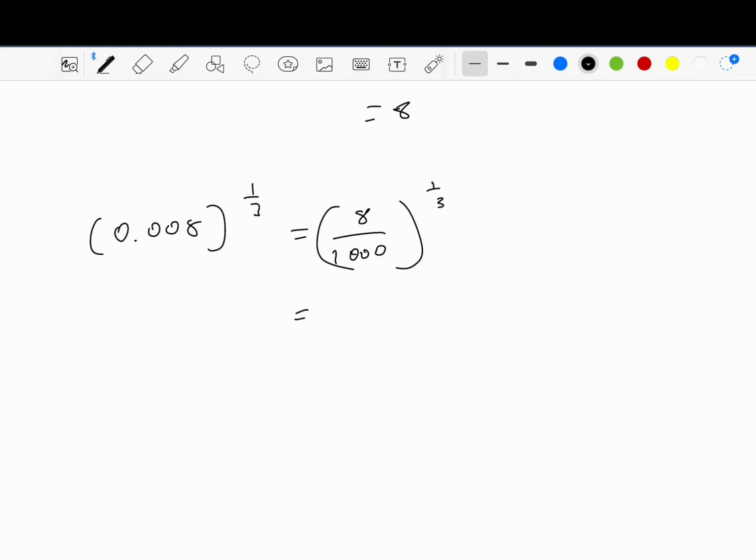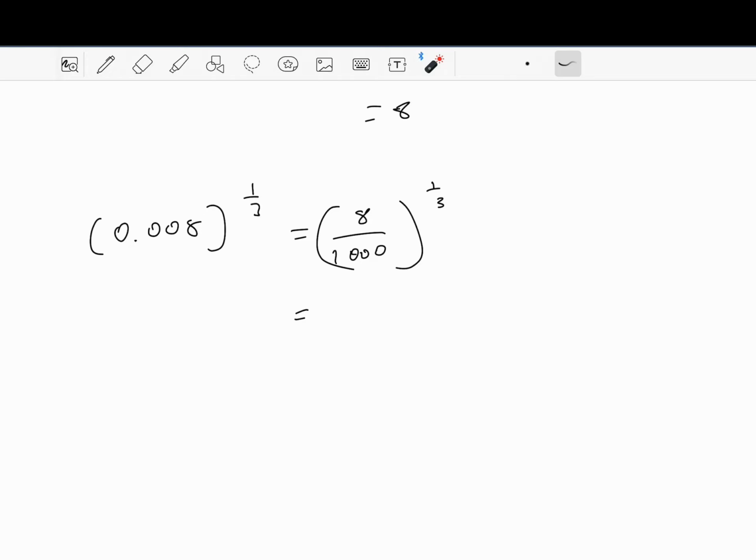Then another thing is you can simplify this. How many times does 8 go into 1000? 8 goes into 1000 125 times. If you say 1000 divided by 8, you get 125.